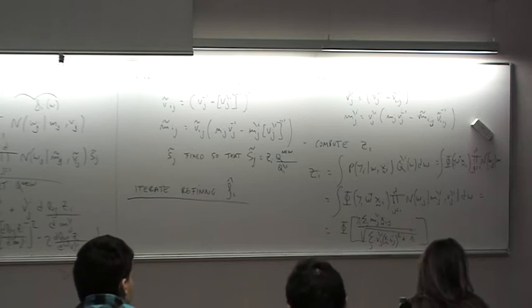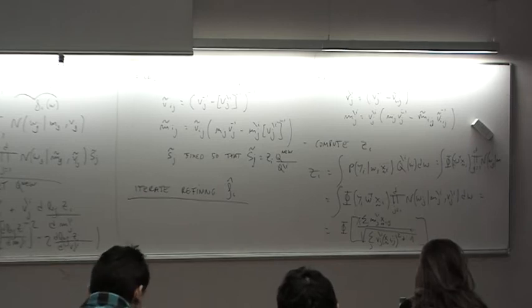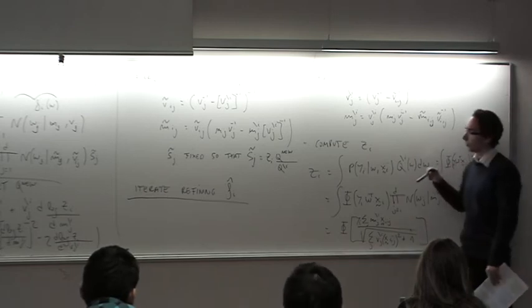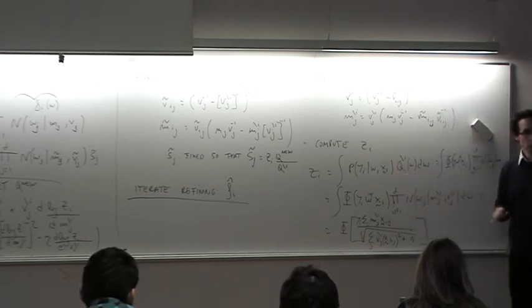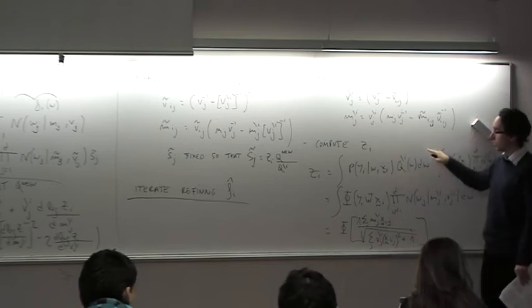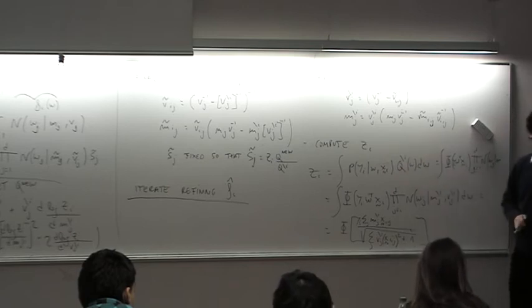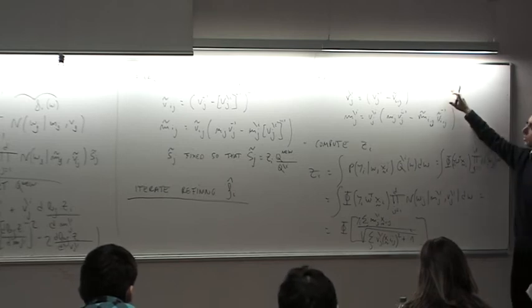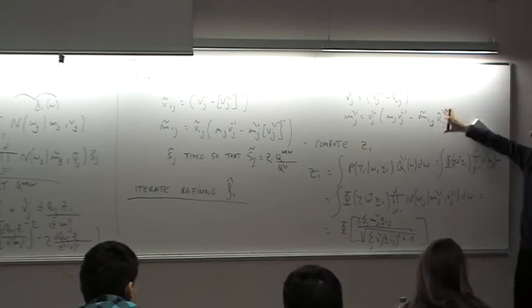When we are iteratively refining f_i hat, we have to compute cavity distributions, and to compute the cavity distribution we have to compute the tilted distribution, which involves the means and variances for every other node. Basically, I want to refine the f_i hat, then I have to compute both variances and means for all the j's.